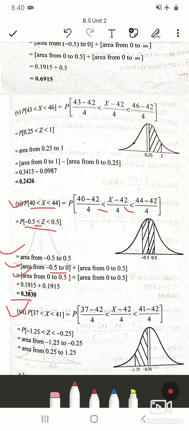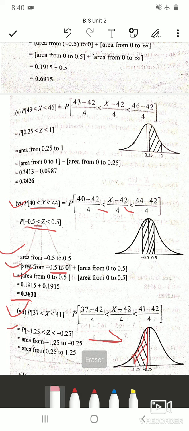The last sub question is to find the probability that x lies between 37 and 41. Same step: subtract the mean and divide by the standard deviation. So we will get the probability of minus 1.25 less than z less than minus 0.25. Draw the graph. Minus 1.25 is over here and minus 0.25 is here.